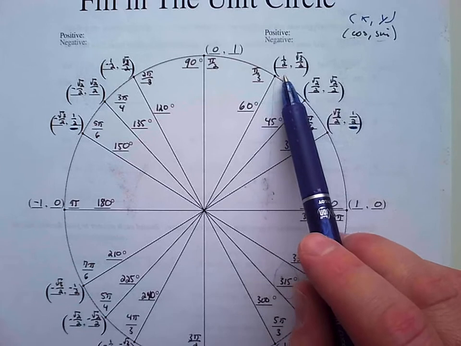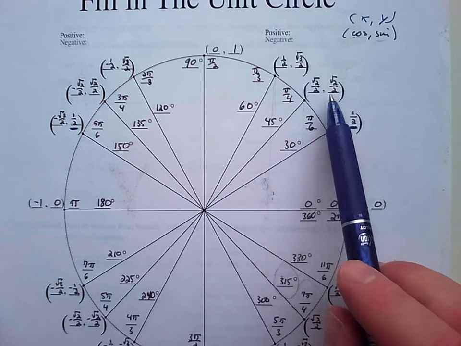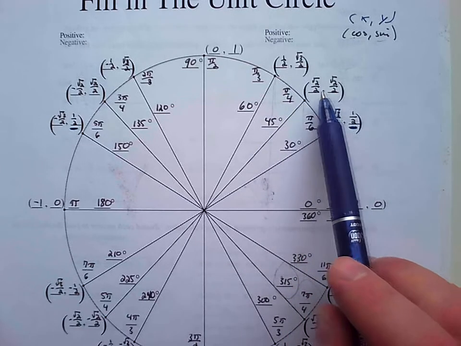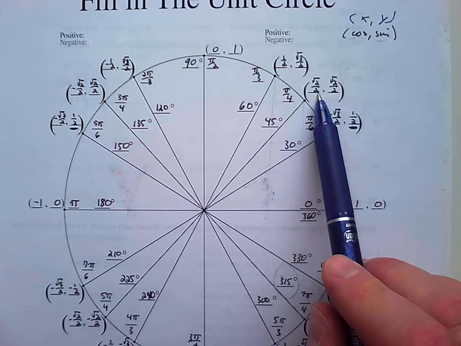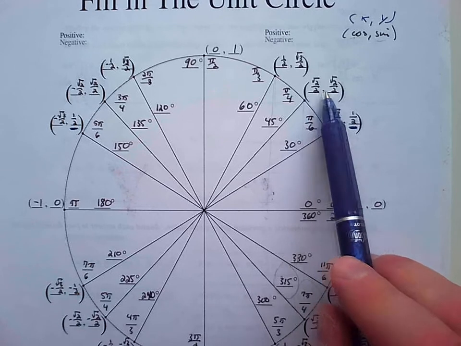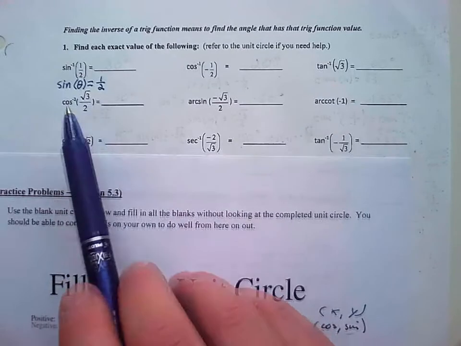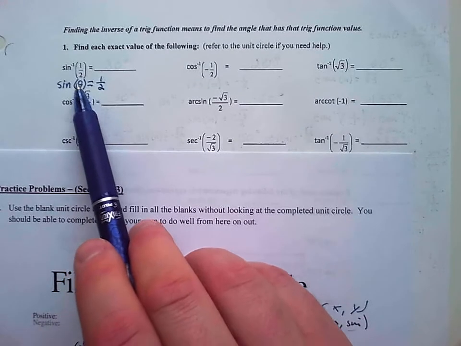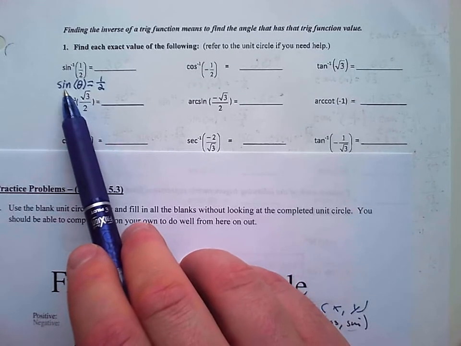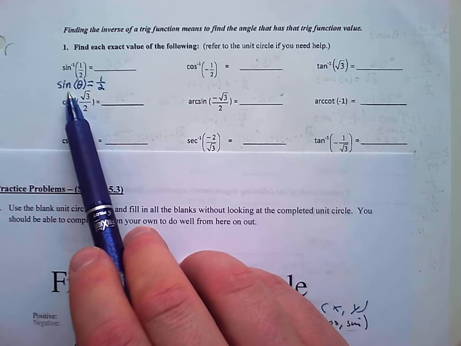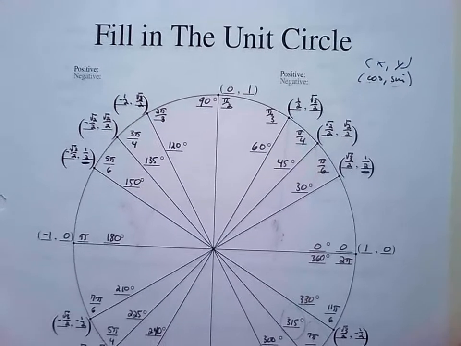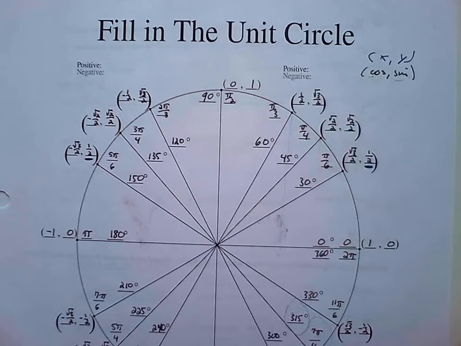So whenever we look at these ordered pairs in the parentheses, the one on the left we can think of as the x value or the cosine, and the one on the right we can think of as the y value or the sine. So here in this problem, we're trying to figure out what angle we need so that the sine, or the y value, is equal to 1/2.